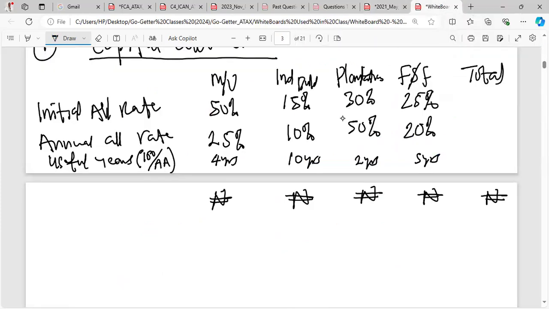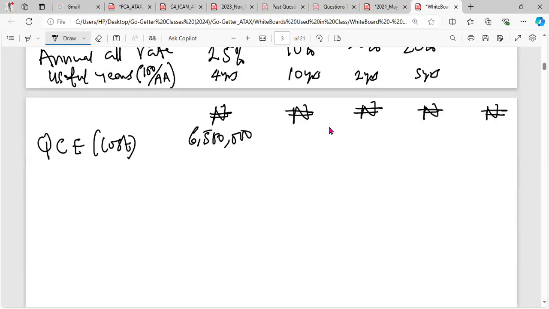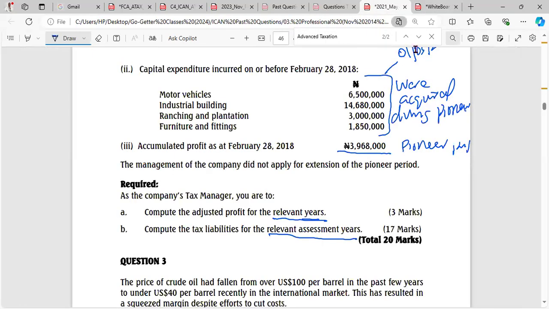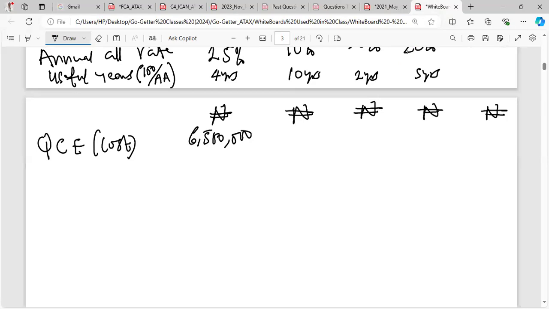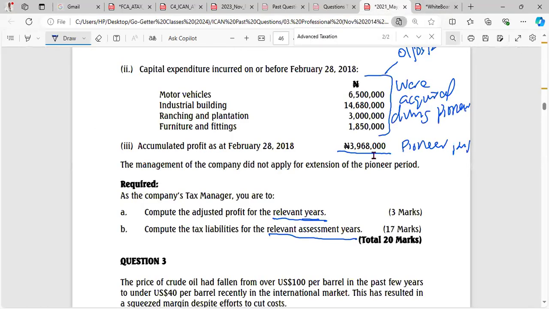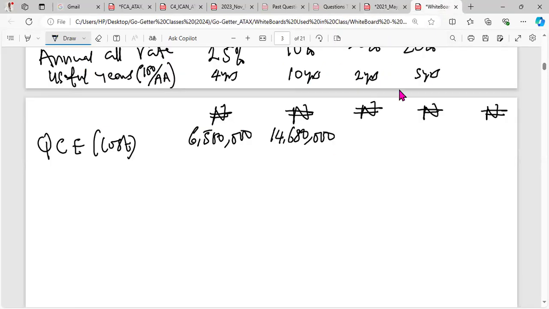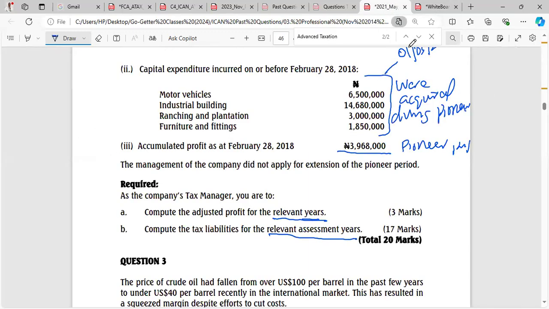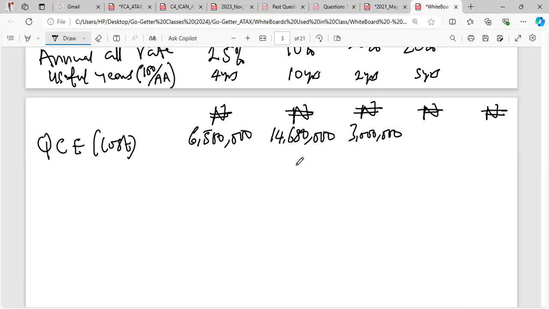Industrial building, 14,680,000. Then we have ranching and plantation, 3 million. Then the next one is 1,850,000.